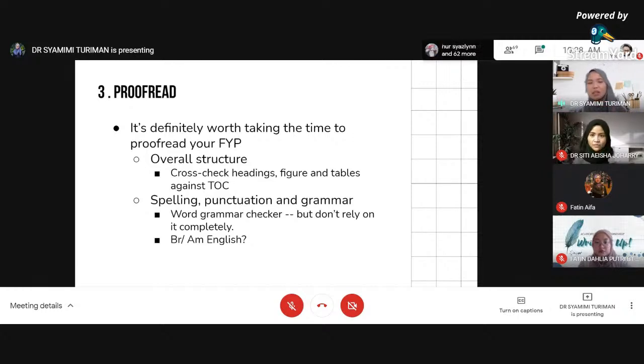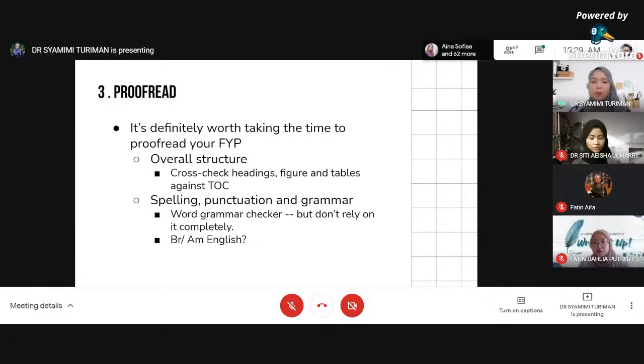Especially if I'm not mistaken, you are also expected to prepare after the table of content a list of figures and list of tables. So make sure the headings or the captions and the numbering or the labeling of these figures and tables are correctly mentioned in both the document or the FYP as well as the list and the table of content. Sometimes it can be a bit problematic, especially for those of you who are reporting your results in many tables.